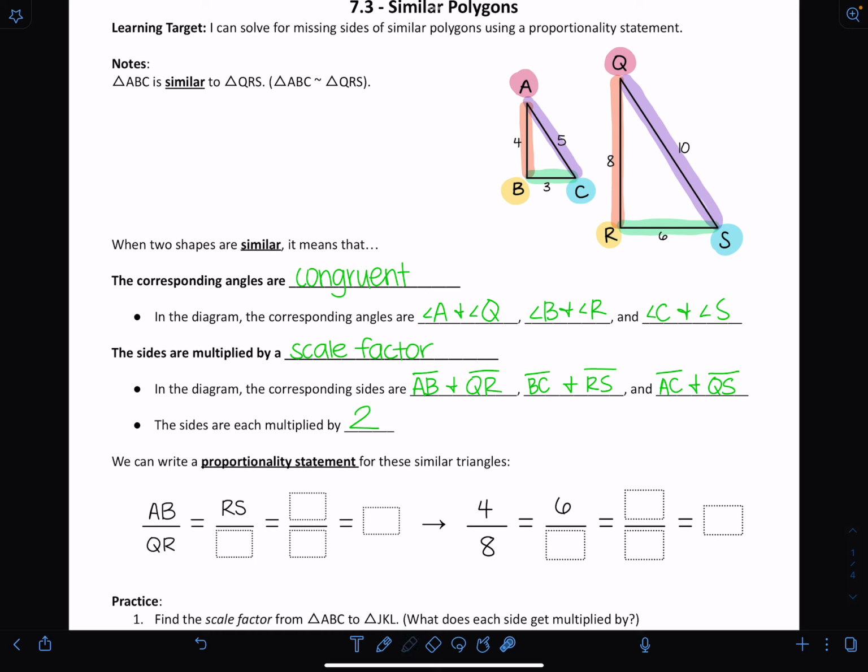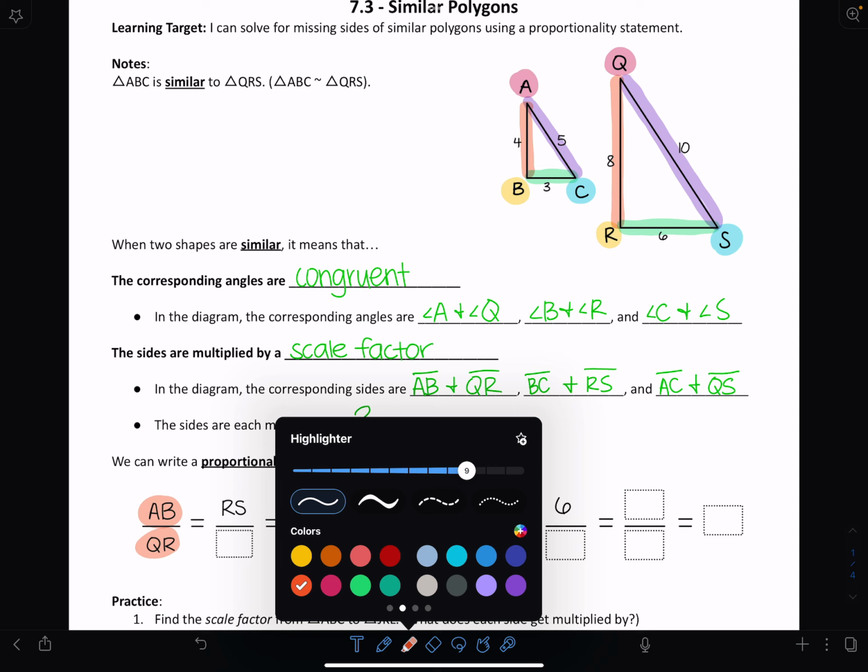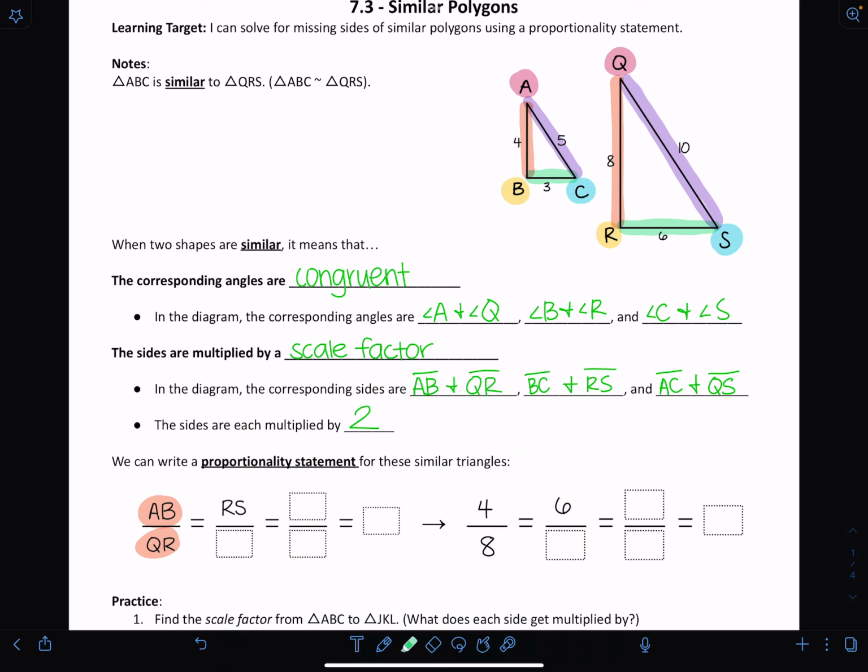QR in our right triangle was also orange. So you can see that the colors match up here. You're just stacking the colors together. The next one it gave us was RS, and RS I made green. So this box down here should be whatever side was green on our left triangle.